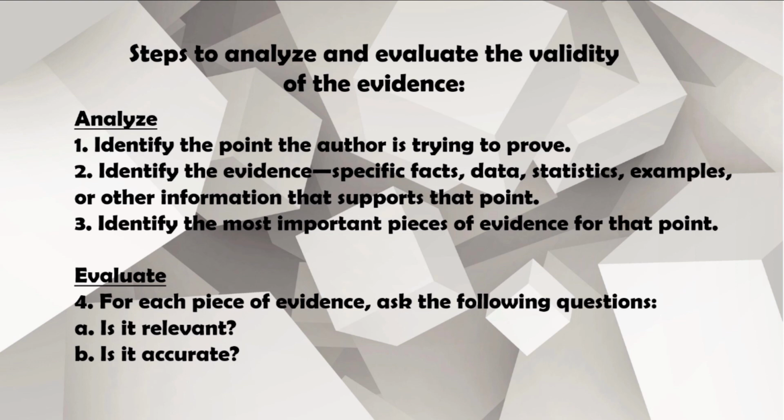In analyzing, we have to identify the point the author is trying to prove. Then, we need also to identify the evidence, the specific facts, data, statistics, and examples, or other information that supports that point. Then, we have to identify the most important pieces of evidence for that point.